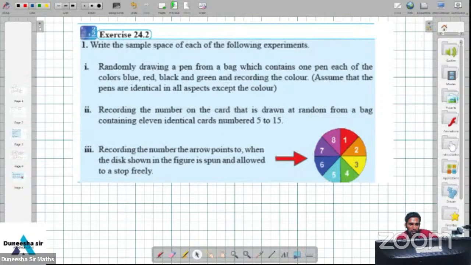Sample space mean all the outcome we can get. After you finish, raise hand.